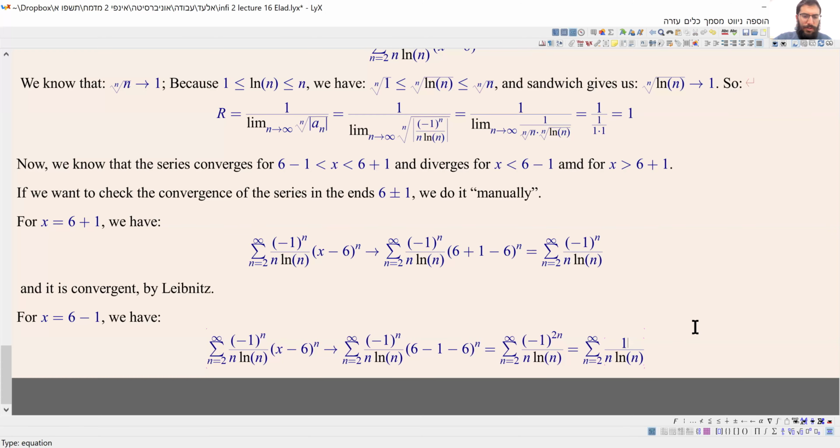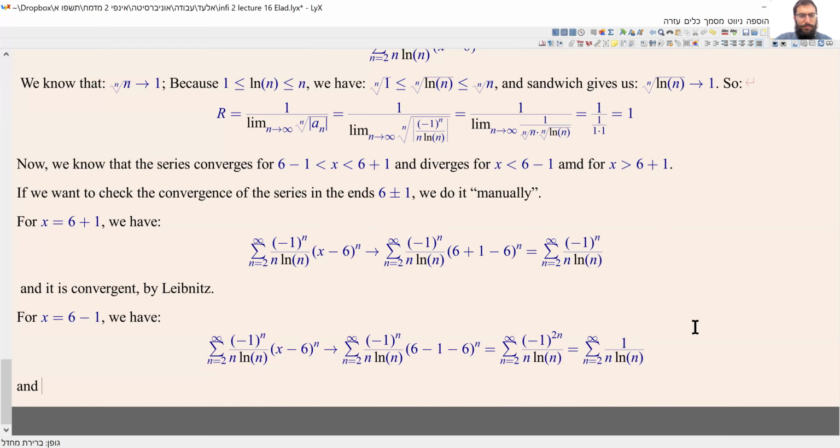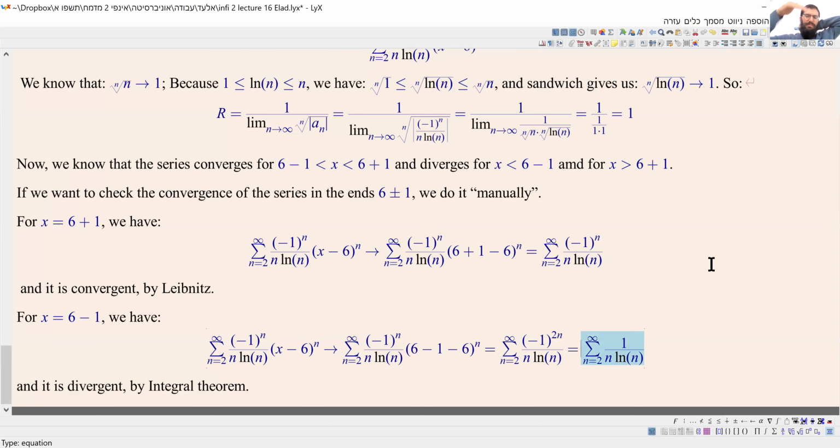And this one is divergent, by the condensation theorem or by the integral theorem that we mentioned. The series converges if and only if the corresponding integral of 1 above x ln x converges. And this integral is divergent. We don't have the time to show it, but it is.